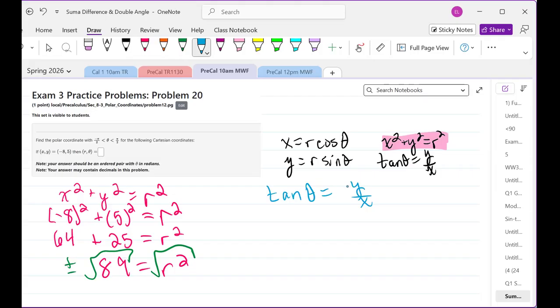So to figure out our angle, we're going to use the formula that relates the angle with y and x using the tangent function. So tangent of theta equals y is 5 over x is negative 8.